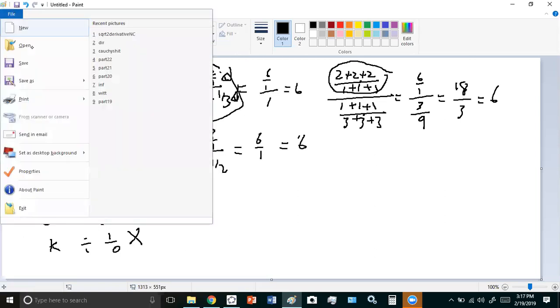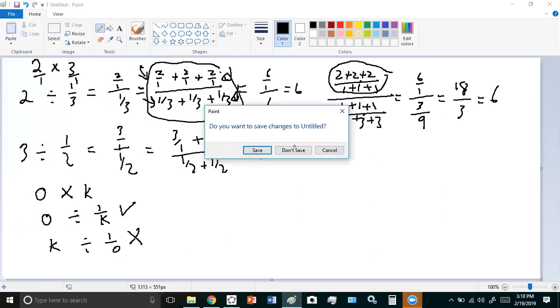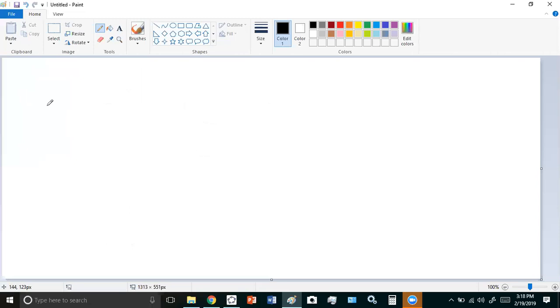Now, let's clear this, and I'll show you one more example. How about this one? Let's say you have 3/4 multiplied by 2/5. Again, you need to be able to say, in terms of division, it's going to be this, right?